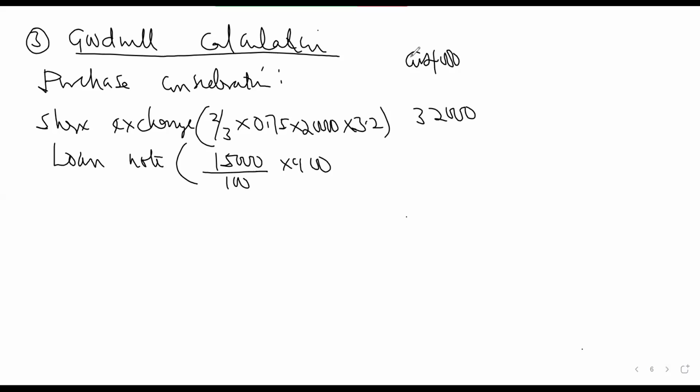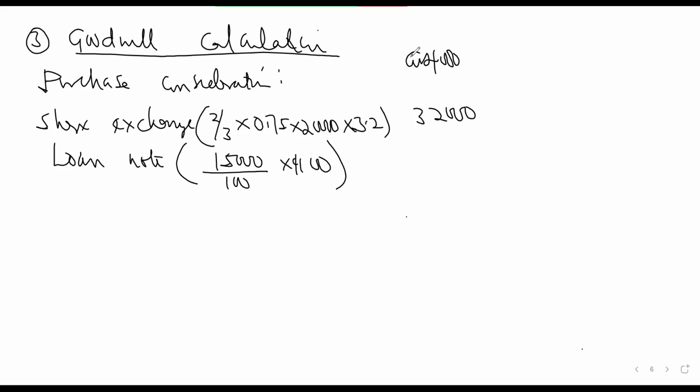So with this 15,000, how many loan notes are you going to be getting? You are giving them 100 cedis loan note for every 100 shares. Loan notes are issued in units, so every unit is 100 cedis. How many units of the loan note are we going to be issuing? A loan note is for 100 shares.